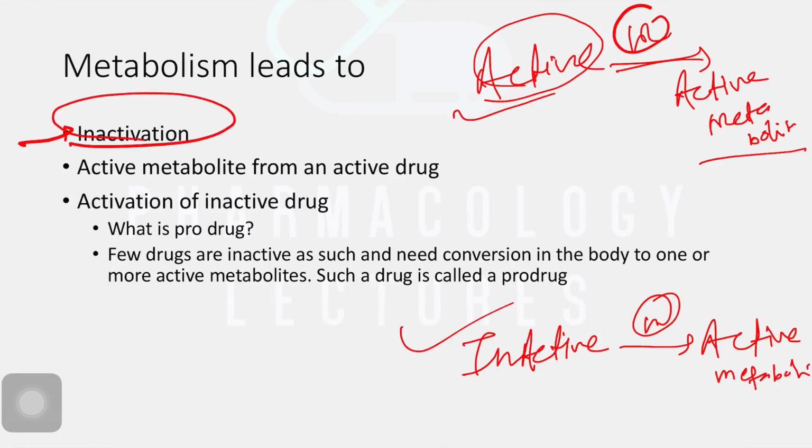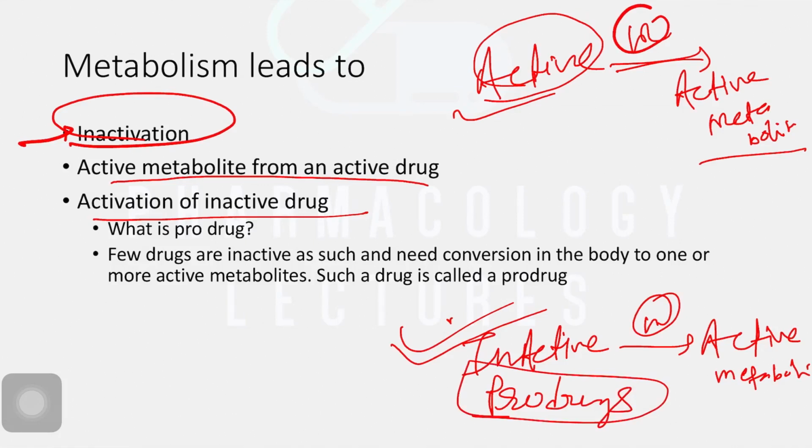So again, inactivation of drug is the main thing, but apart from that, metabolism can produce active metabolite from active drug, and it also activates inactive drugs. This scenario is called prodrugs, and that is frequently asked in examinations.